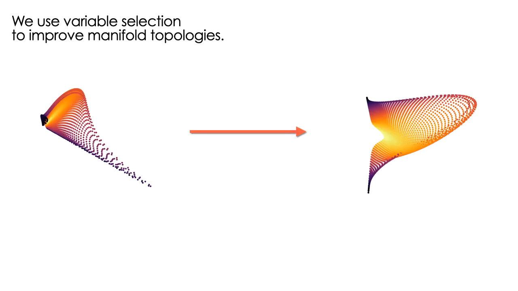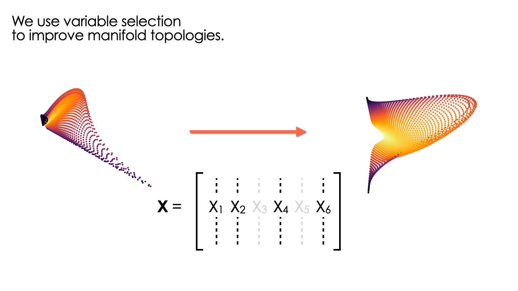So the way that I got from this problematic projection to this improved projection was through variable selection. And in this work, we have created an algorithm that performs that subset selection based on our cost function. So it is optimizing based on our cost function.